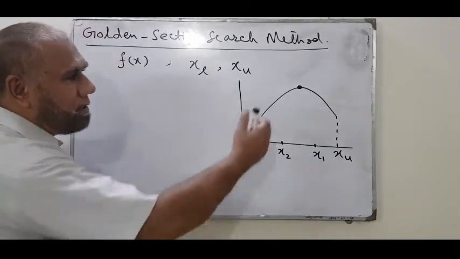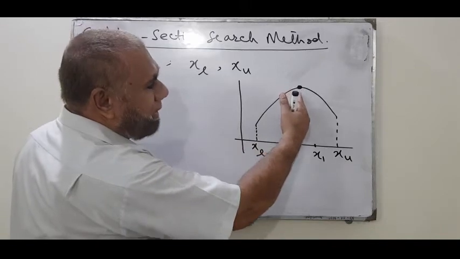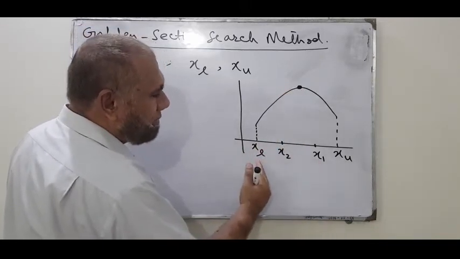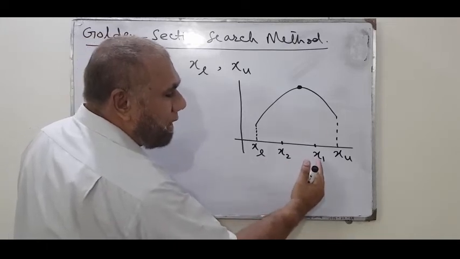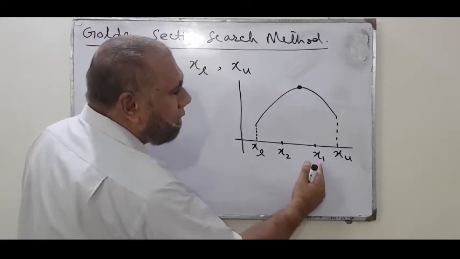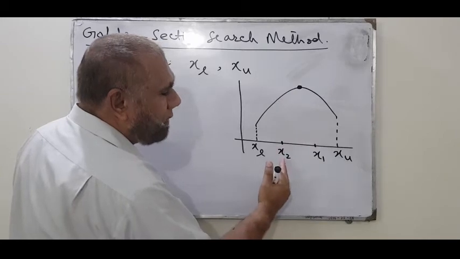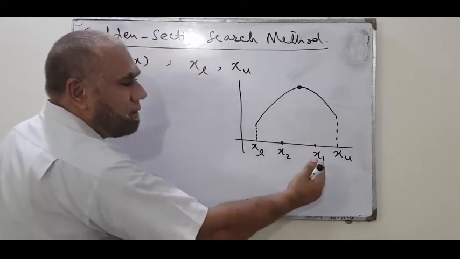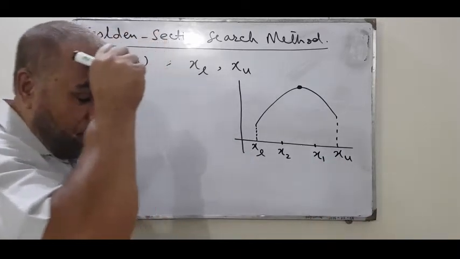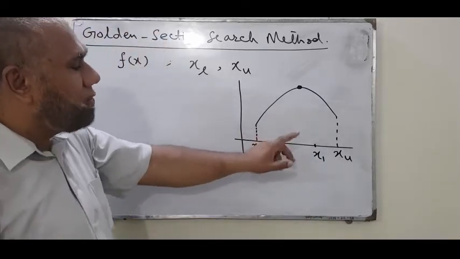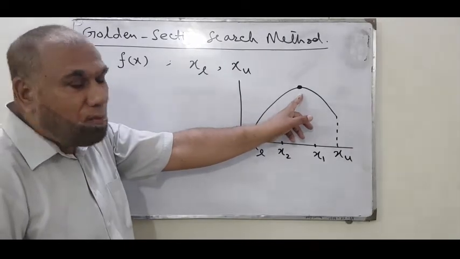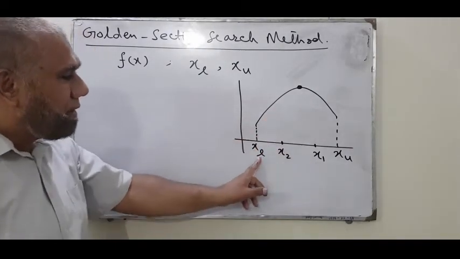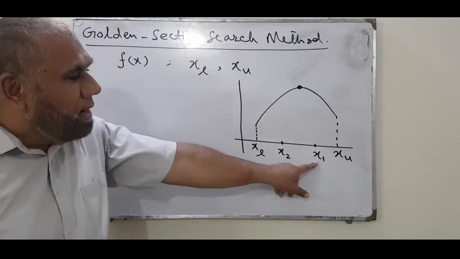Now you can see this extreme value may lie either in between the first 3 points, xl, x2 and x1, or in between the rest of the 3 points, x2, x1 and xu. For the time being, we assume that the optimum value of the function lies in between the first 3 points, xl, x2 and x1.